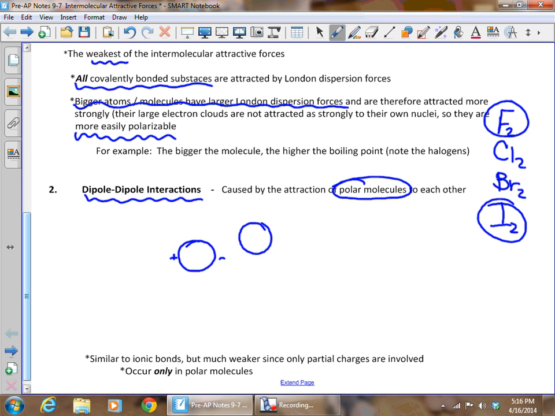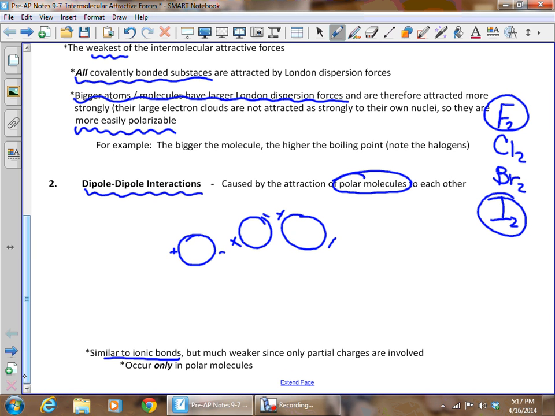It's going to be attracted to another molecule that has a positive and negative end, which is going to be attracted to another one with a positive and negative end, etc., etc. So you're going to get a relatively strong intermolecular attractive force from these positive, negative poles, these dipoles on these molecules. Again, this is for polar molecules. It's similar to an ionic bond, like it says down here, but much weaker since we're only talking about partial charges. Only talking about partial charges.